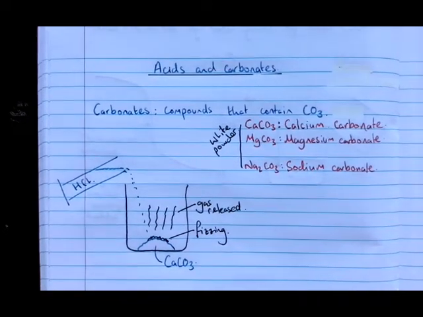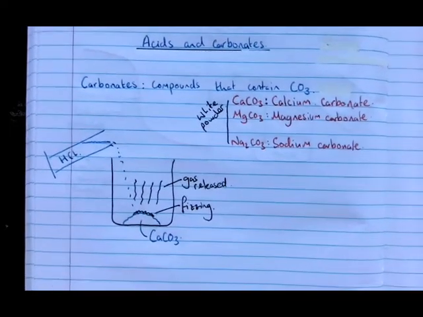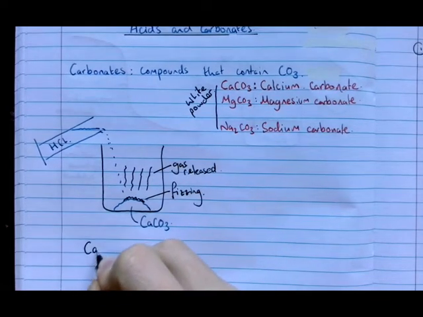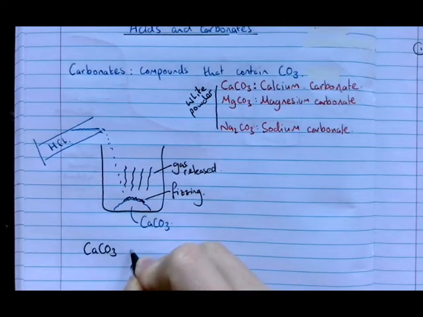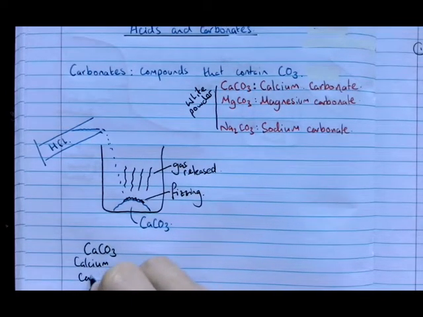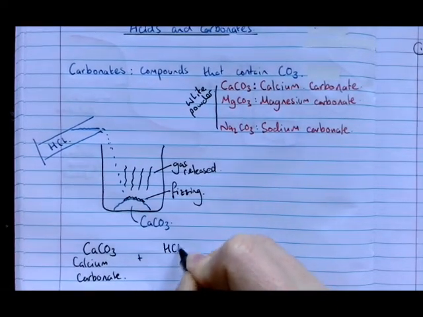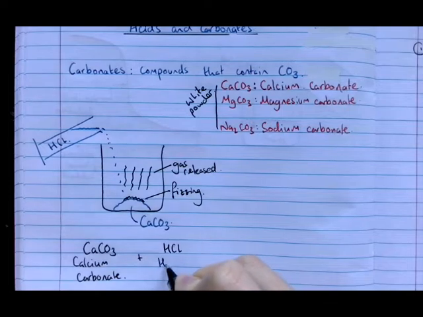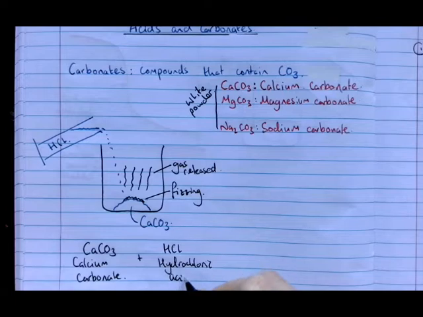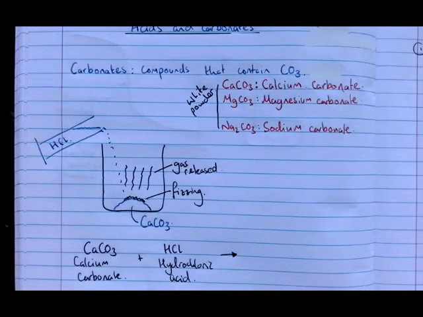So, what's going on? What's happening in this reaction? Well, we have our calcium carbonate, CaCO3, plus our HCl, which is our hydrochloric acid. And that is going to make a salt.